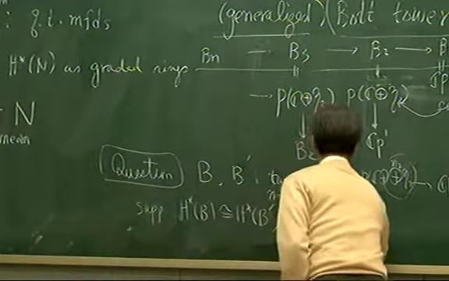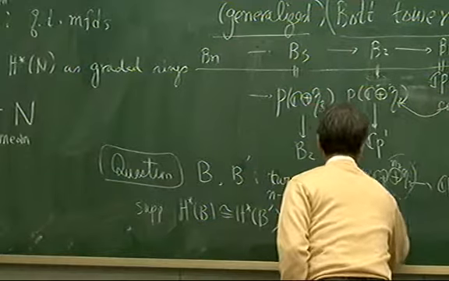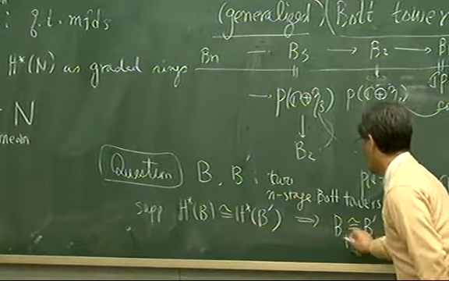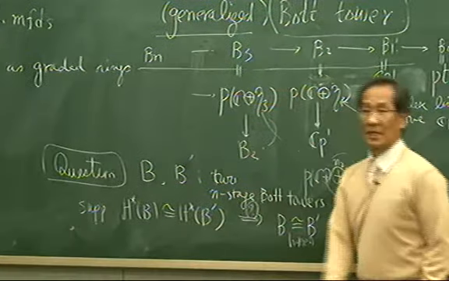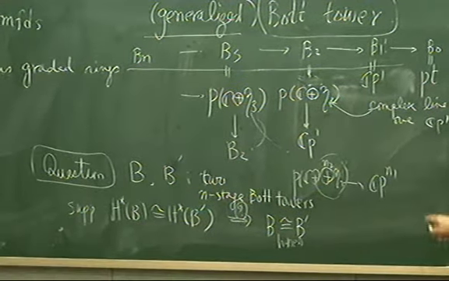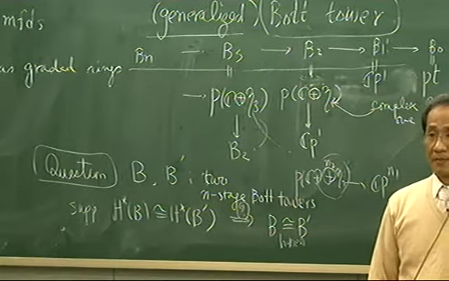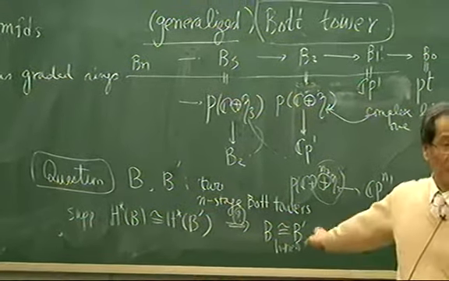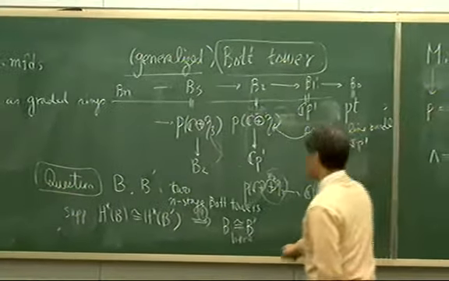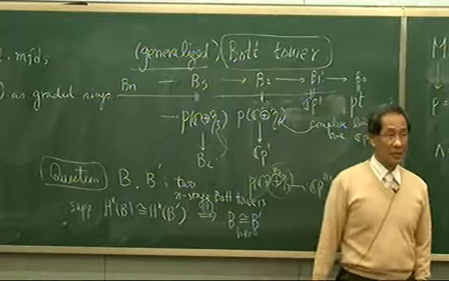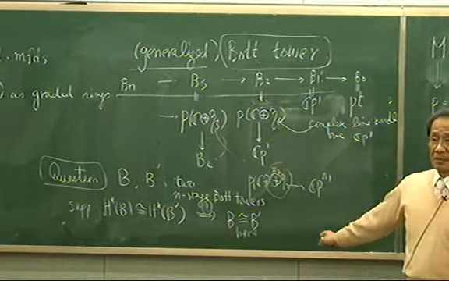Then B and B prime are homeomorphic. That's the question. And in some cases it is proved. There are several cases where this is true. Not only homeomorphism, but we can show that they are diffeomorphic. But generally, it is not proven.